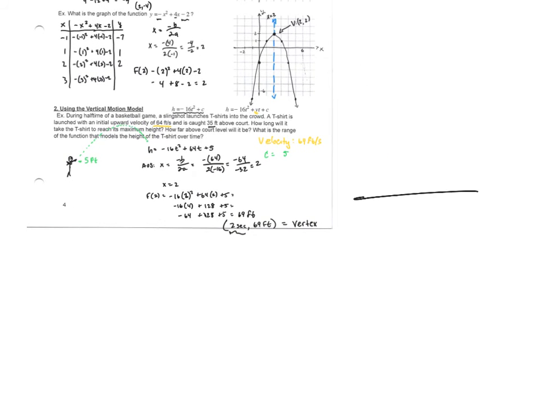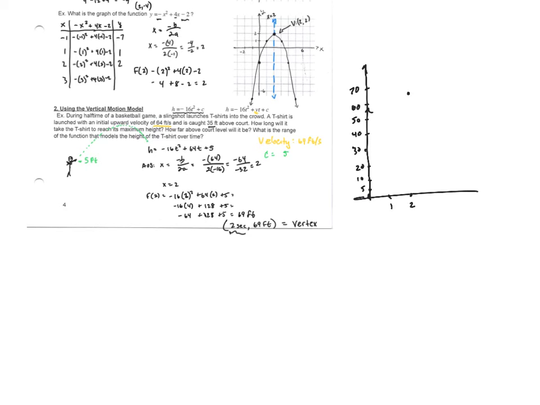If I'm just going to graph it real quick, I've got 1 second, 2 seconds. We start off at 5 feet, then 10, 20, 30, 40, 50, keep going up, 60, 70, and at 2 seconds we know that it is going to be at 69 feet.